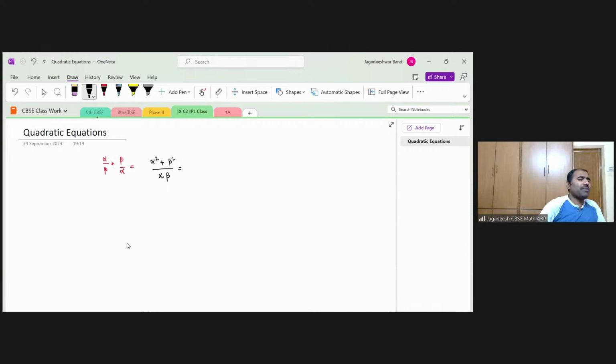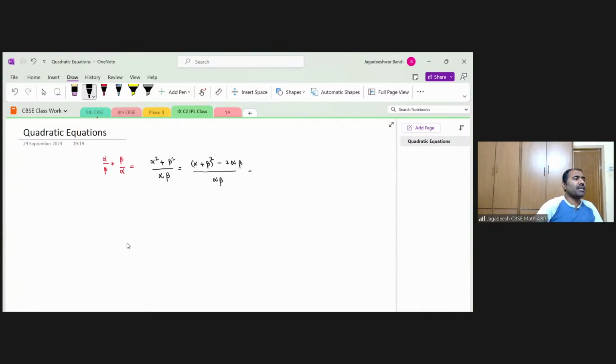Okay, now alpha square plus beta square formula again, alpha plus beta whole square minus 2 alpha beta, divided by alpha beta. Already we found out the alpha plus beta value and the alpha beta value.